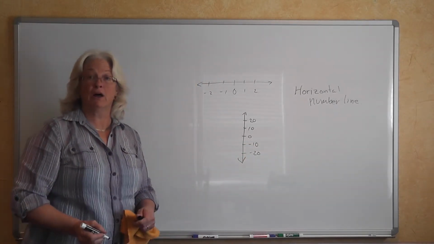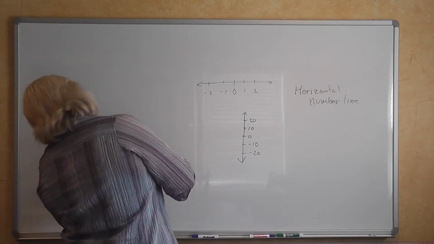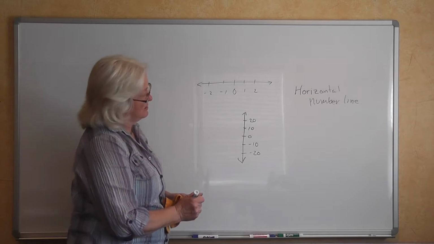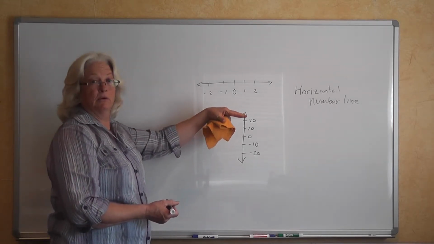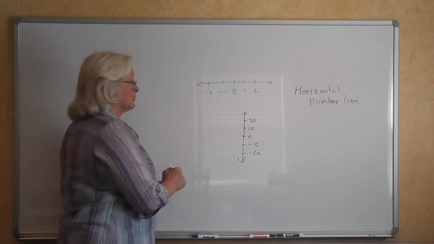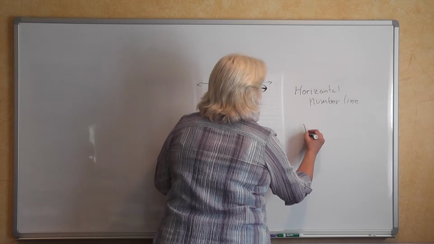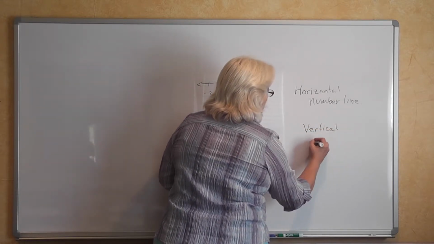Does it look like a number line? Well, if you sort of stand sideways, it looks like a number line, sort of maybe. Is it horizontal? No. What is it when it's straight up and down like that? It's a vertical number line. Vertical number line.